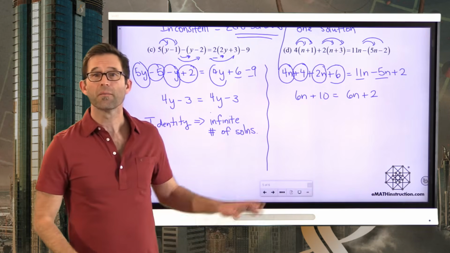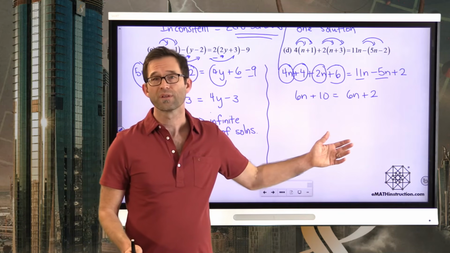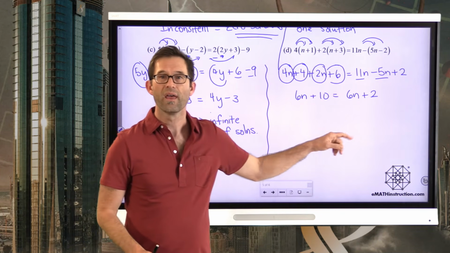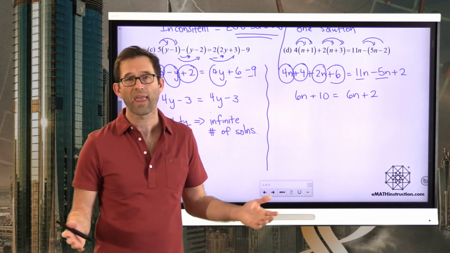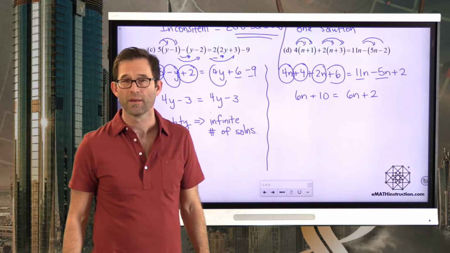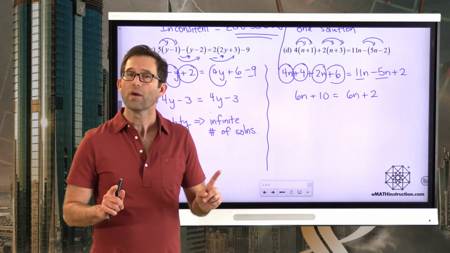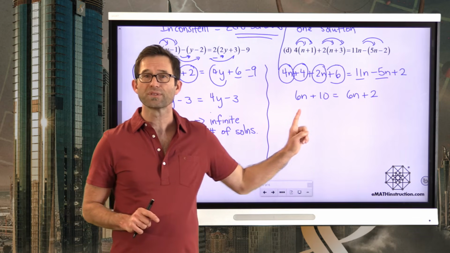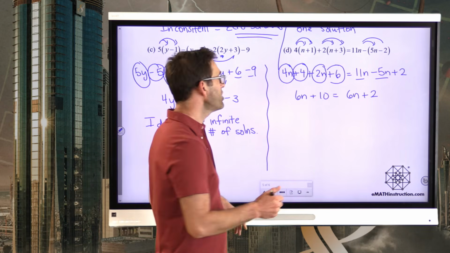And again, there may be some of you that can look at it at this point and say, of course, if I have 10 more than 6n and 2 more than 6n, there can't be any value of n that gets that job done. Now, if that's not clear to you, then go that extra step, because that extra step would say, oh, let's subtract a 6n from both sides.